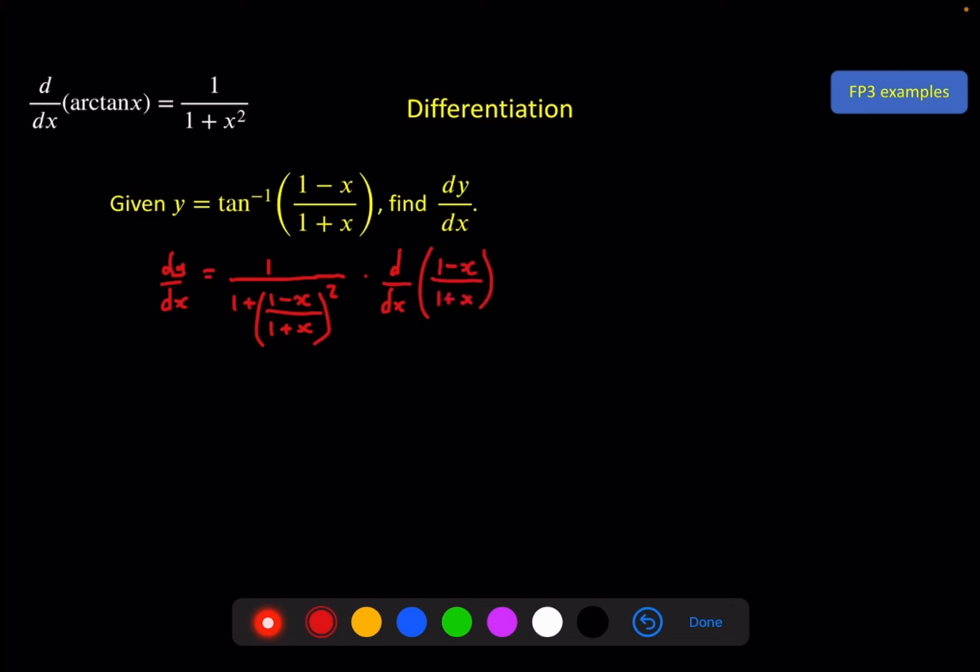Now I've written it like that because off the top of my head I don't know what that differentiates to. I'm going to pull that out. Let me do purple. I'm just going to pull that out and do that over here. So if we want to differentiate this, you could use the quotient rule. Personally, I prefer the product rule.